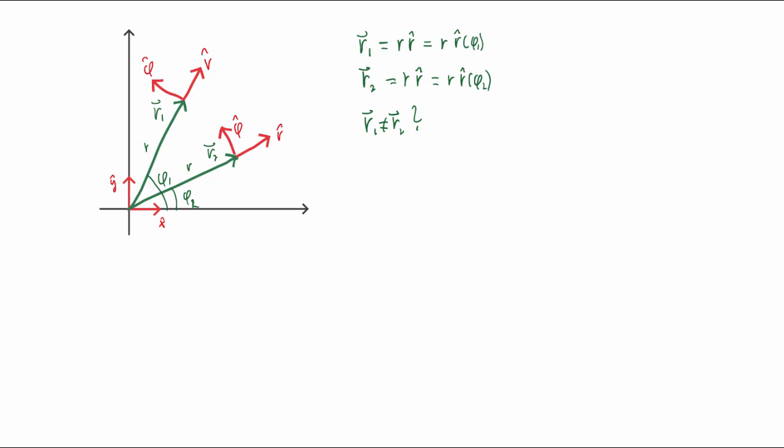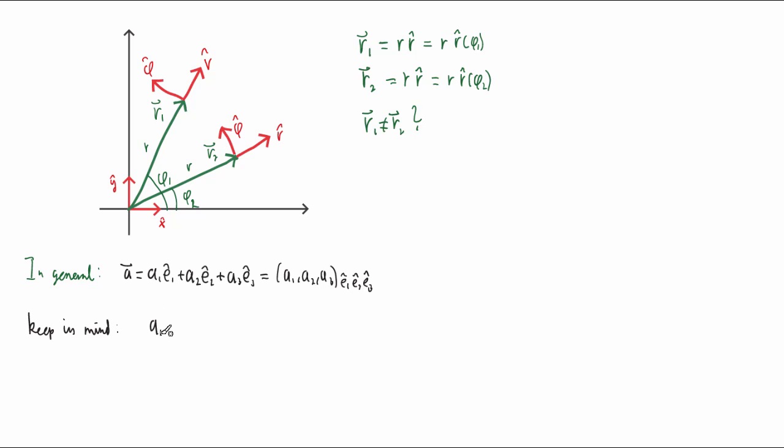So to be a little more general about it, we can take a vector A and we'll decompose it onto different unit vectors, like so. But we need to keep in mind that A1, E1 hat depends on a number of different things.